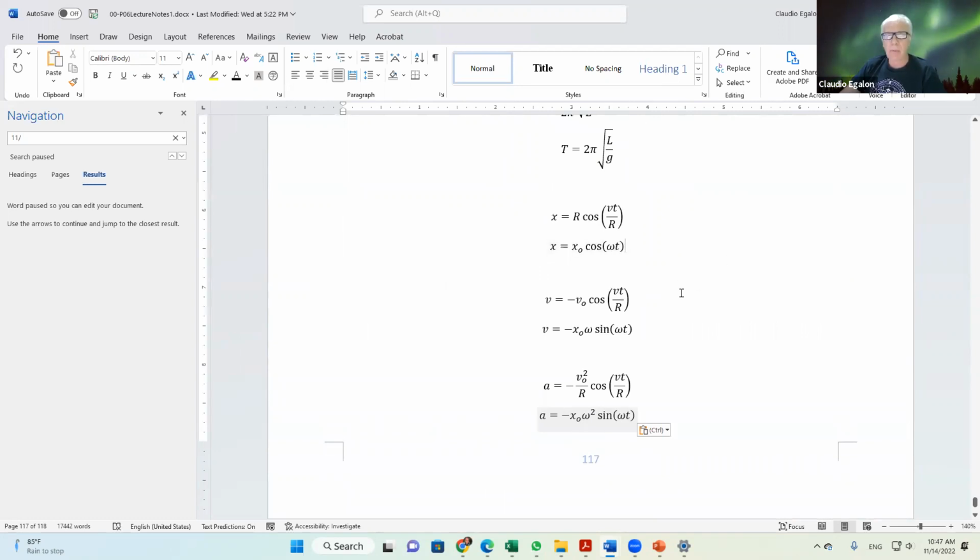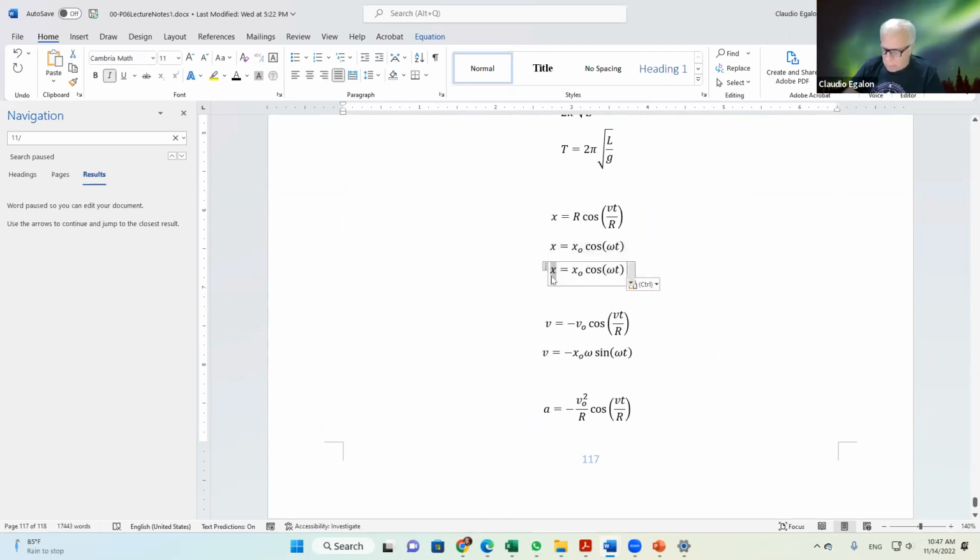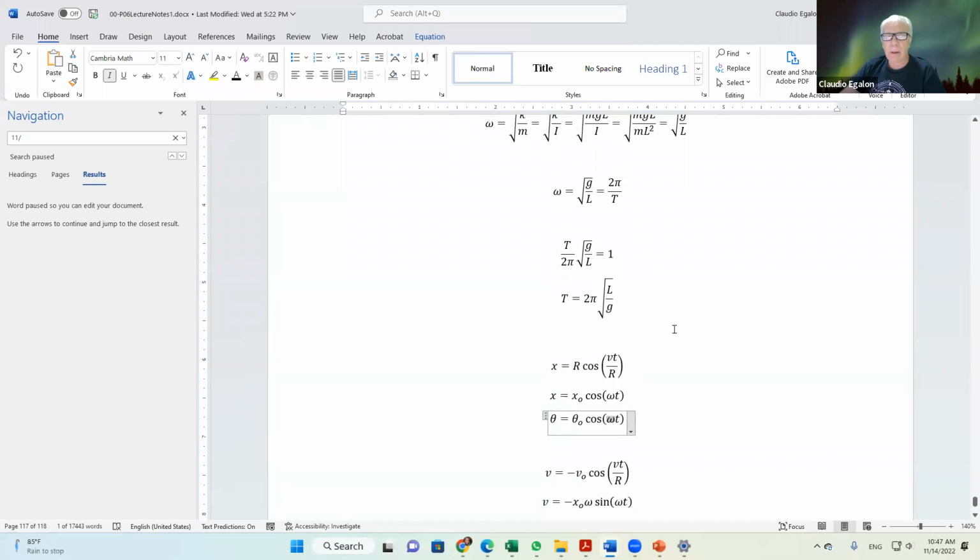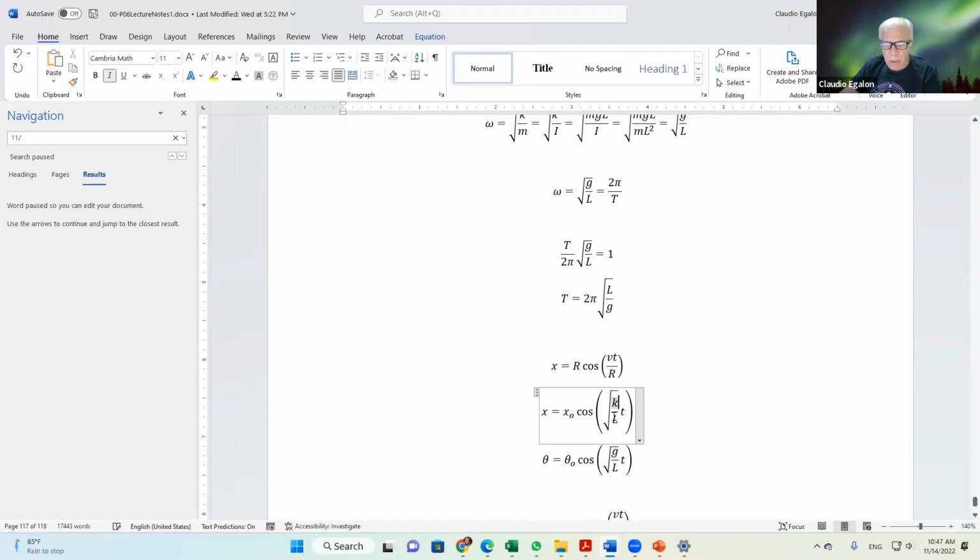This is going to be simple harmonic motion. Now, if you're going to add another equation for the pendulum, we put a theta here. That's going to be theta naught cosine of omega t, but now the omega is going to be different, right? The omega is going to be square root of G over L, whereas here it is square root of K over M.